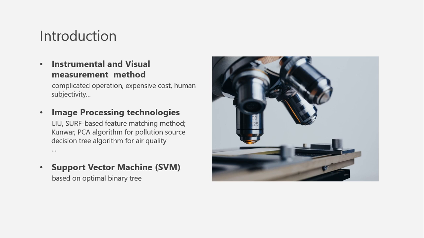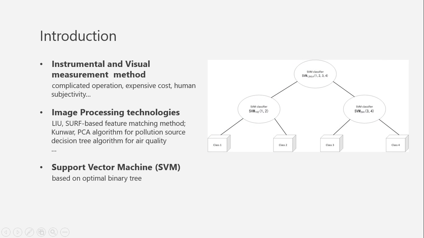In order to overcome these shortcomings, we are trying to apply what we learned, SVM, which is based on an optimal binary tree, to get a better performance. SVM was originally introduced for binary classification problems. For the multi-classification problem, we can classify all categories into two subcategories, then continue to classify them into two secondary subcategories.